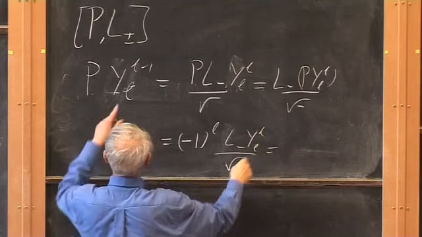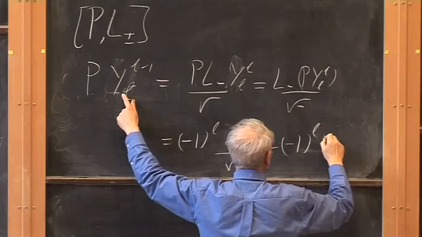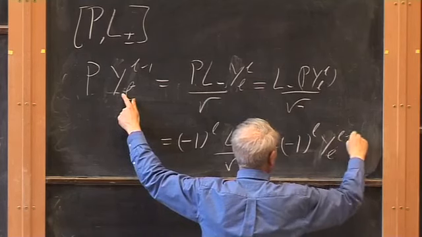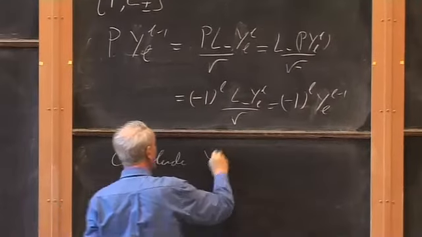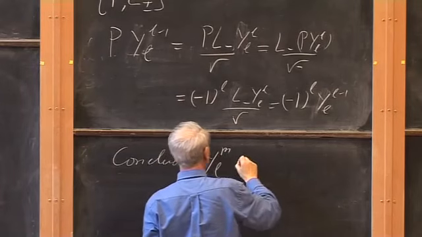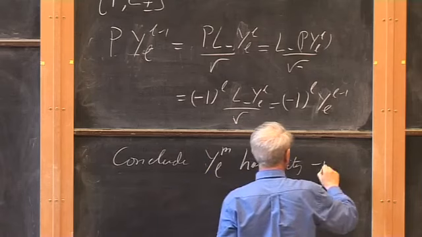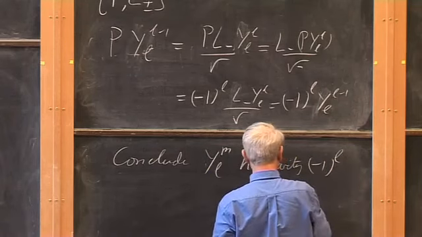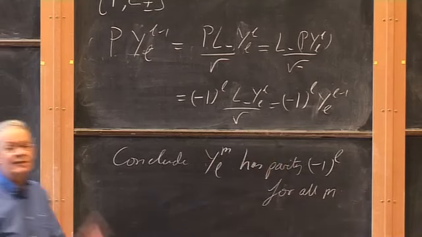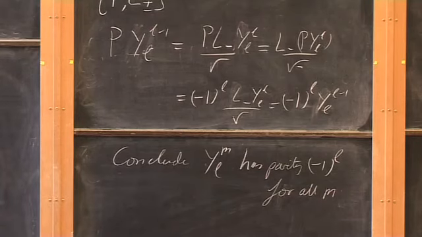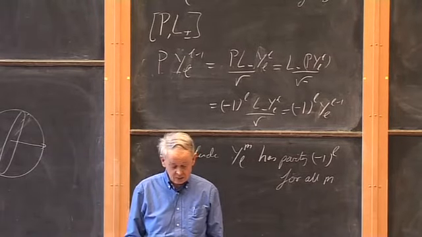But this is Y L minus 1. So it's equal to minus 1 to the L of Y L minus 1. So we conclude that YLM has parity minus 1 to the L for all M. This is a very important fact because it enables you to set to 0 all sorts of integrals which would otherwise be very tiresome to work out.